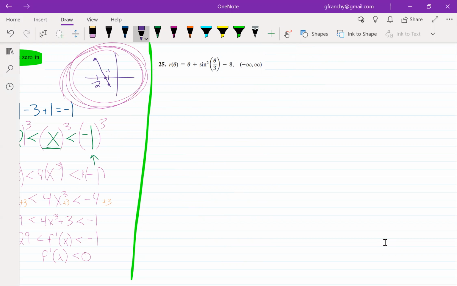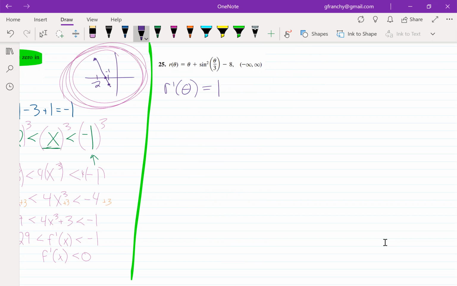Because if we can do that, then we should be in good shape. And to do that, let's go ahead and take the derivative. So taking the derivative with respect to theta, the derivative of theta is 1.